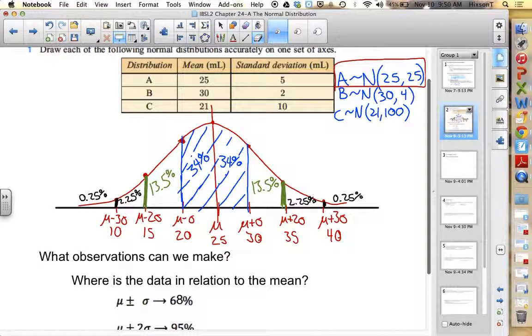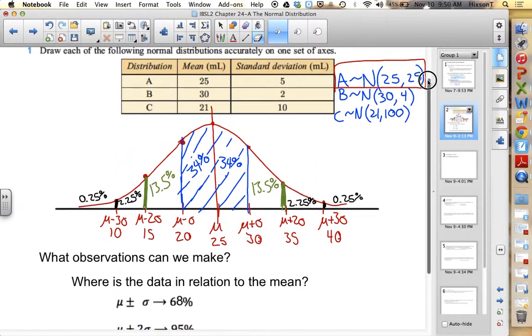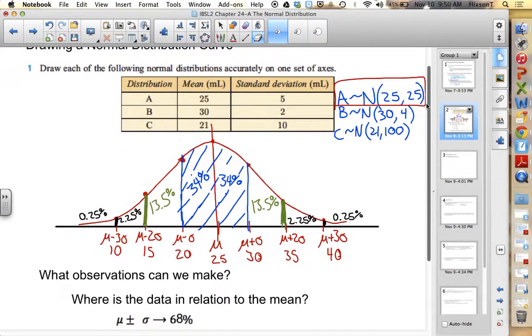What effect does the standard deviation have on your curve? Here we have 2 examples, one with a standard deviation of 2 and one with a standard deviation of 10. How are those going to look different than the one that we just graphed? Push it together, spread it apart. Yeah, it's going to push it together, spread it apart.